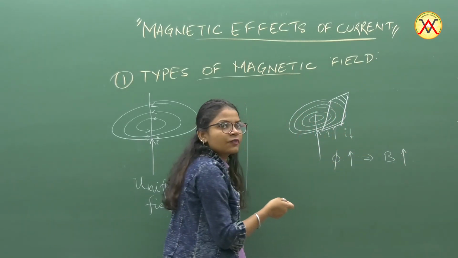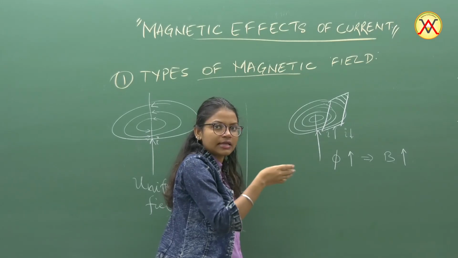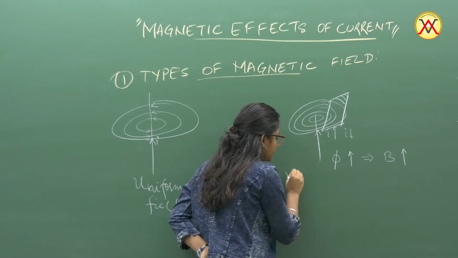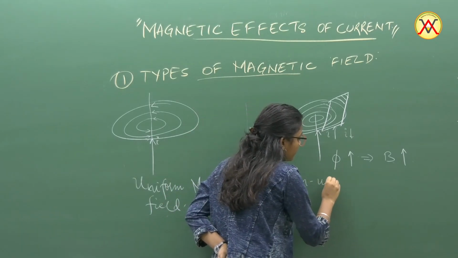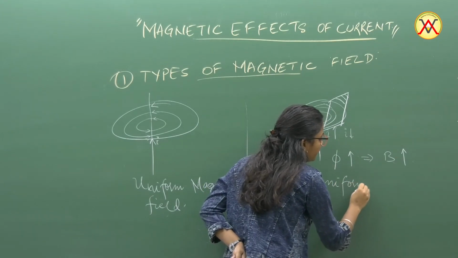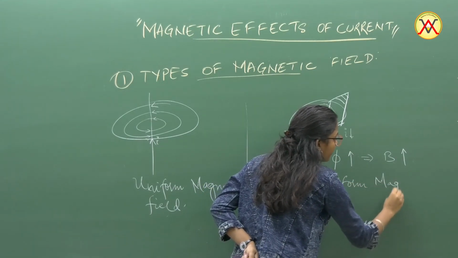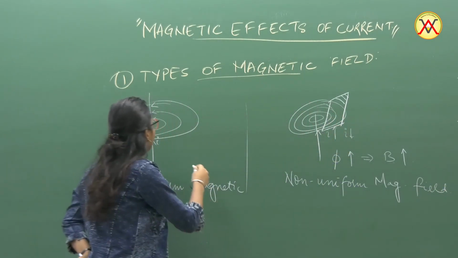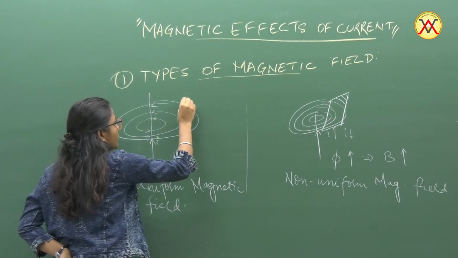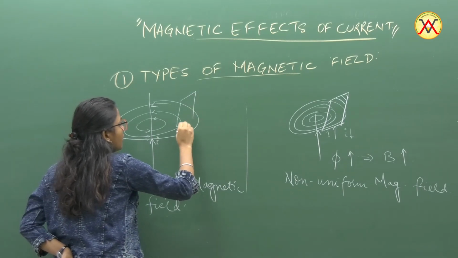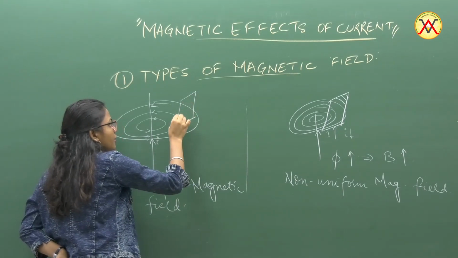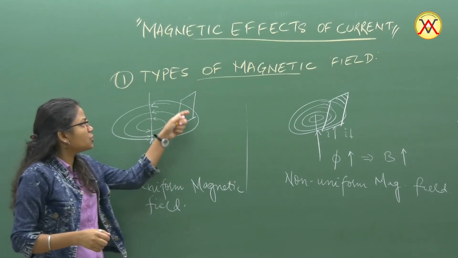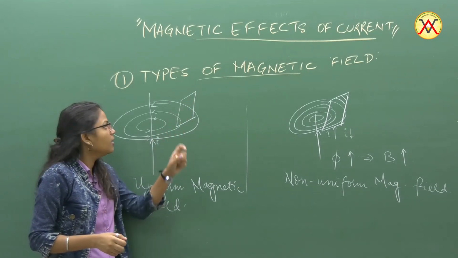This kind of magnetic field, which keeps on changing as time passes, is known as non-uniform magnetic field. Here, if I am assuming this area, then even after 1 second, only 2 lines are passing through that area.